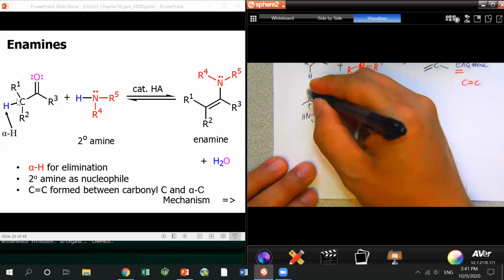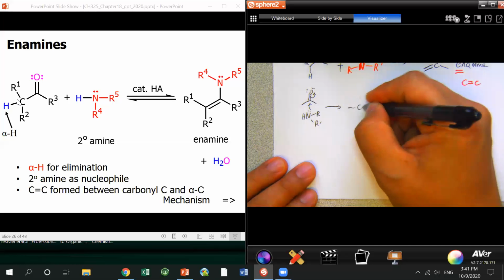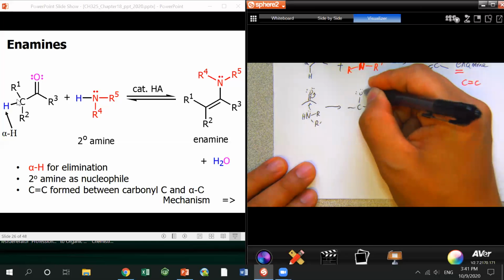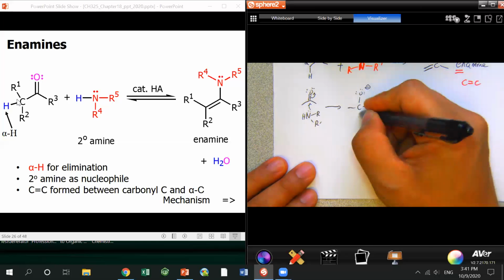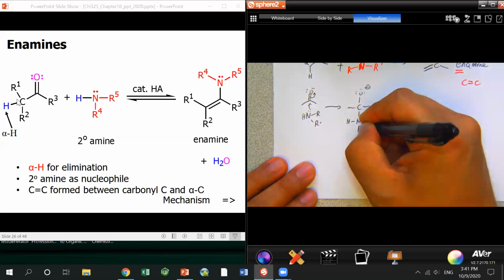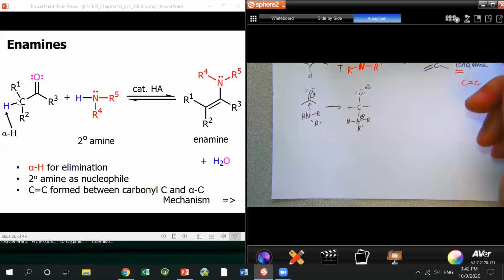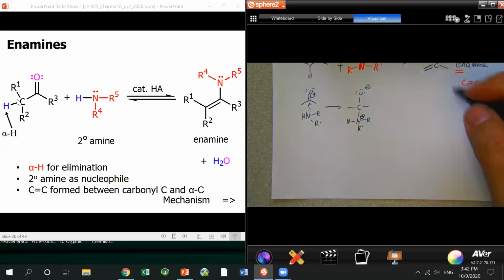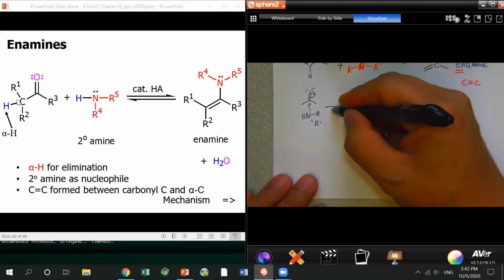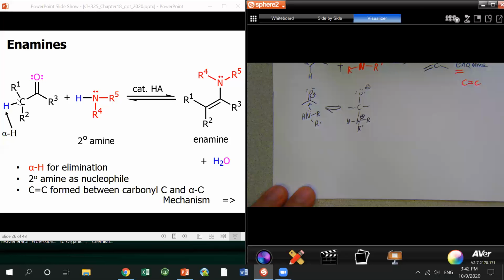The first several steps are exactly the same as the imine formation.